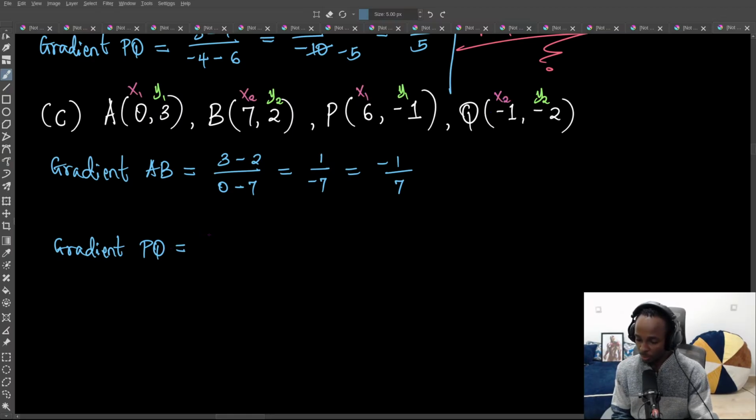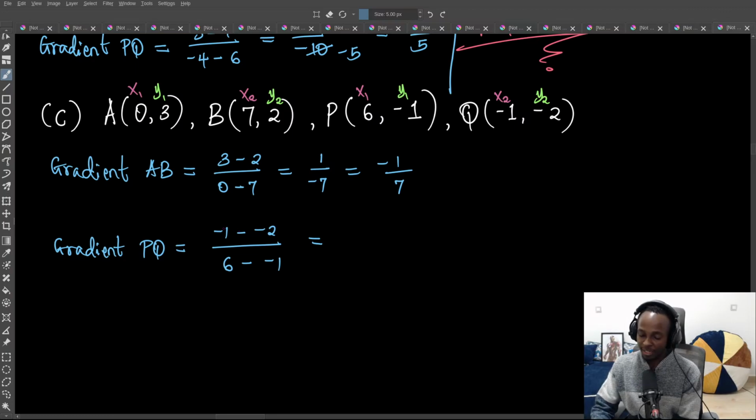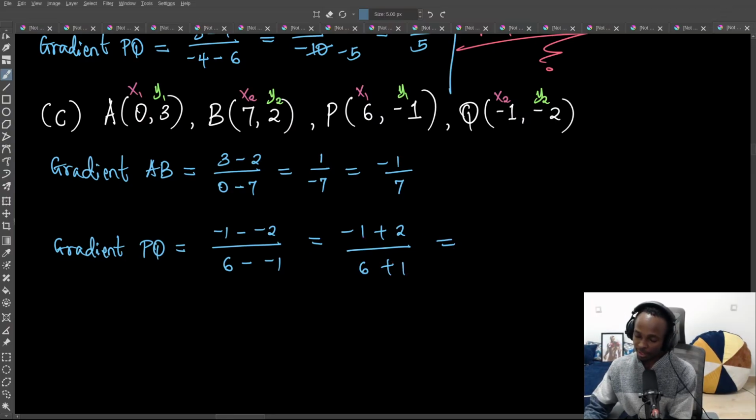So change in y will be y1, which is negative 1, minus y2, which is negative 2, all over change in x, which is 6, x1, minus x2, which is negative 1. So negative 1 minus minus 2 is the same as negative 1 plus 2, all over 6 minus minus 1, which is the same as 6 plus 1. So this becomes negative 1 plus 2, which is 1, over 6 plus 1, which is 7.